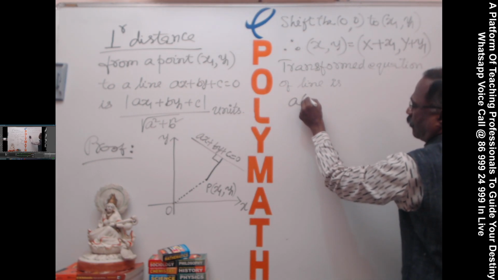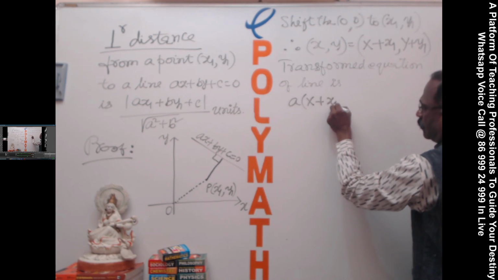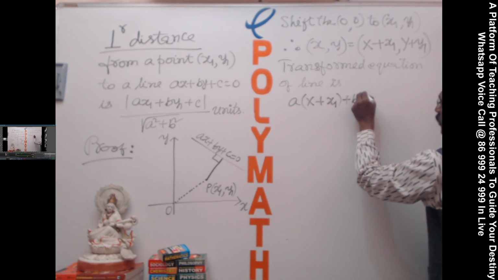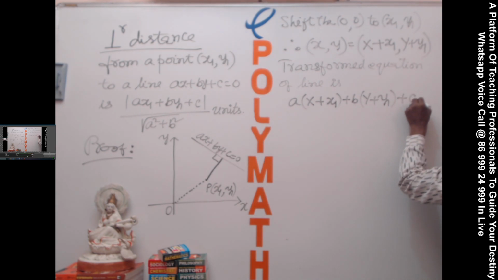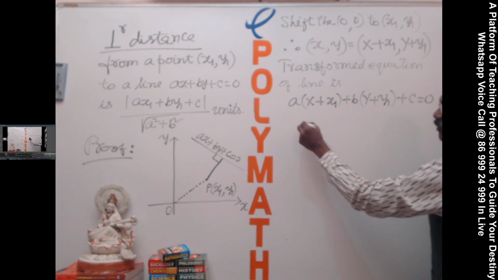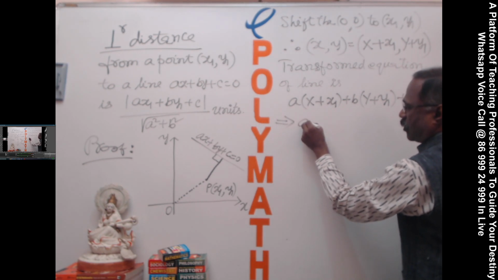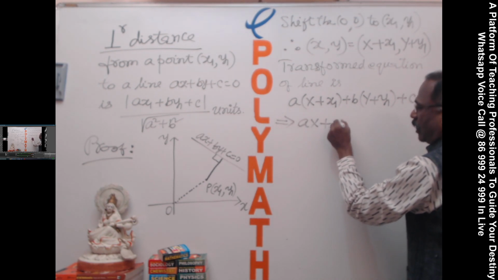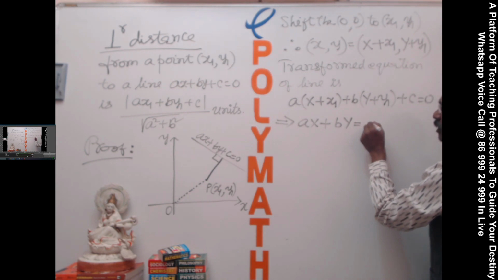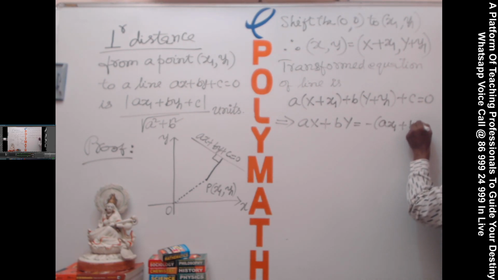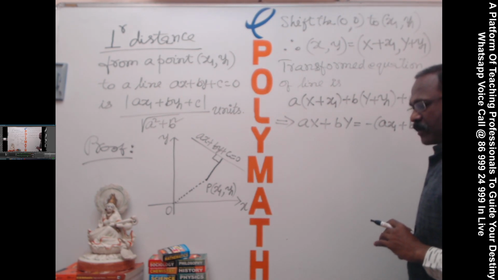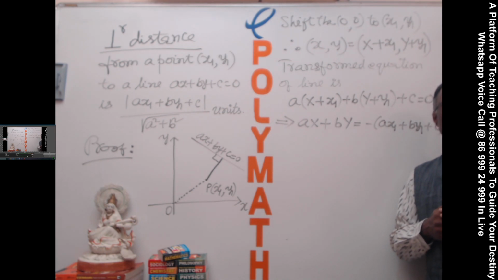So a(x plus x1) plus b(y plus y1) plus c is equal to 0. This is called the transformed equation. Thereby, ax plus by is equal to minus of (ax1 plus by1 plus c). Why did I shift that constant to the RHS?